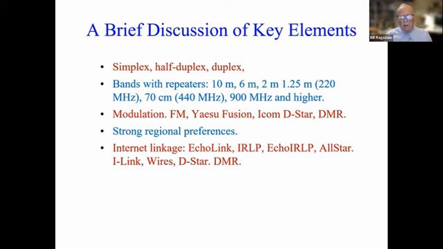IRLP was a precursor. I believe it was the first digital one that hams were using. It's Internet Radio Linking Protocol. It requires a special board put into your computer base, but it is extremely reliable. The combination came along of EchoIRLP, which is the two together. Another entry in the race is AllStar, and then we have iLink.